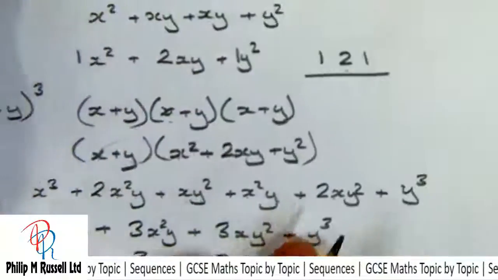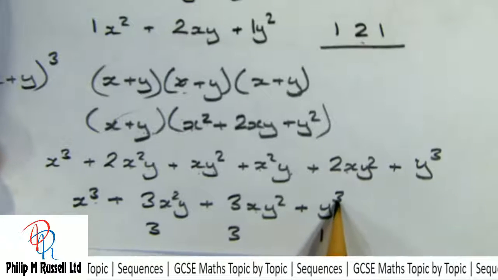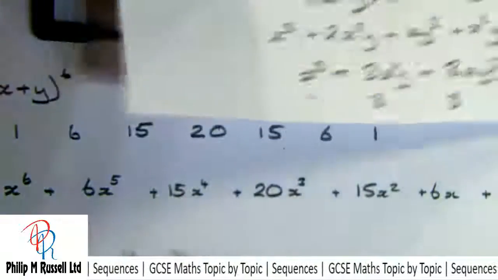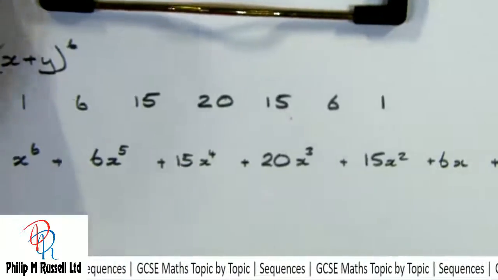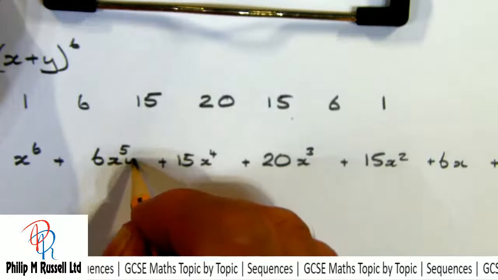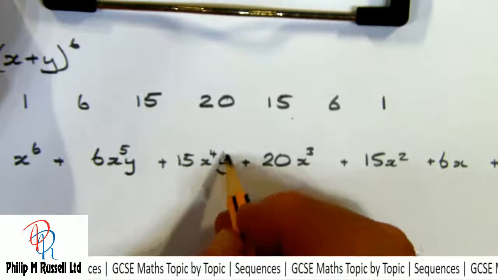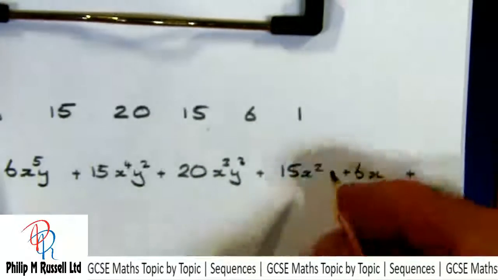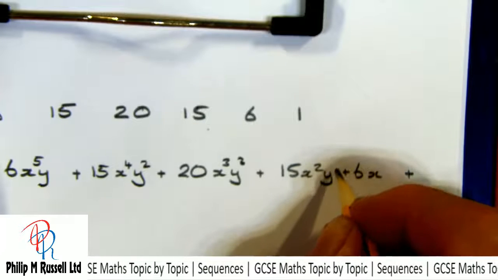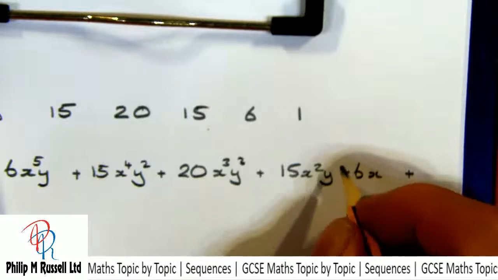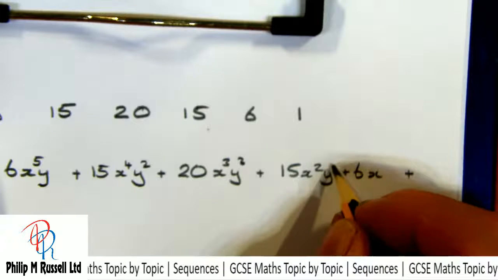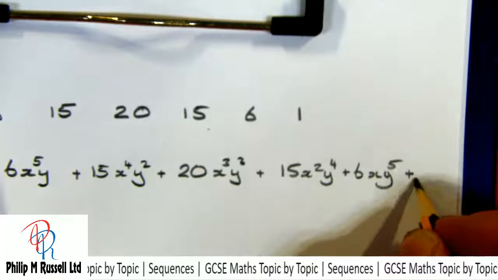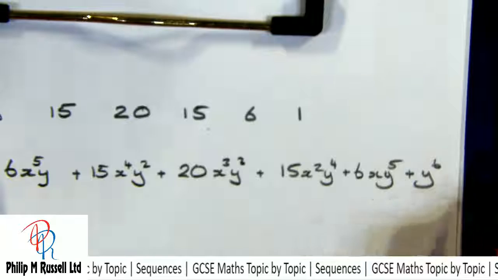The y was going the other way. We started with y cubed, y squared, y. So in this first one then, I could set this to be here y, y squared, y cubed, y to the 4, y to the 5, y to the 6.